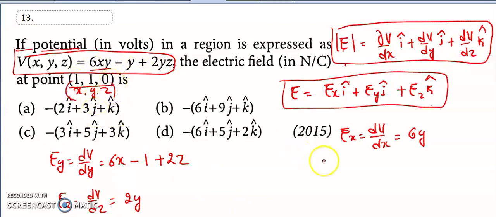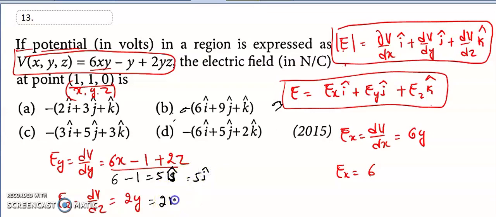So Ex is equal to the y function, which is 6. Then 6 minus 1, that is 5 j cap, and this one is 2 k cap.